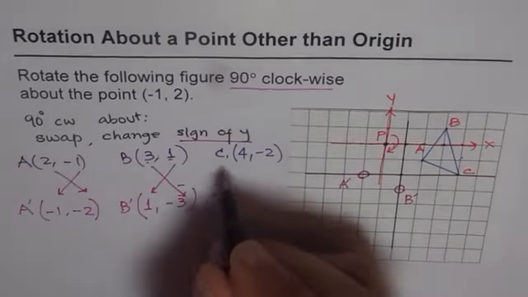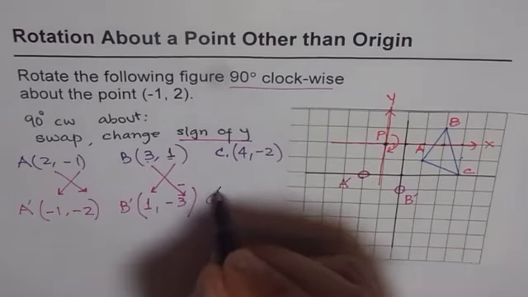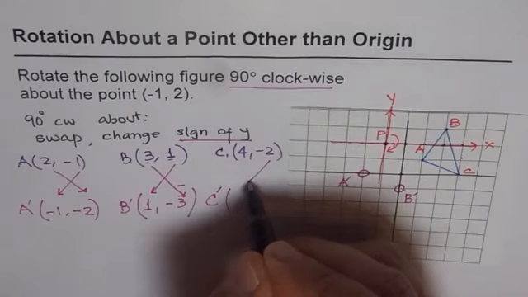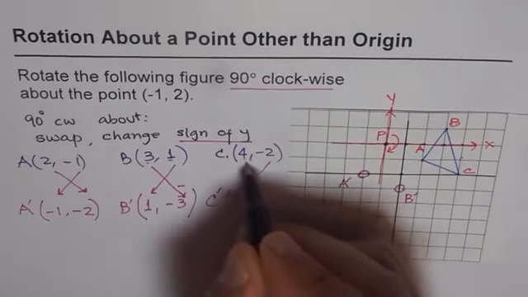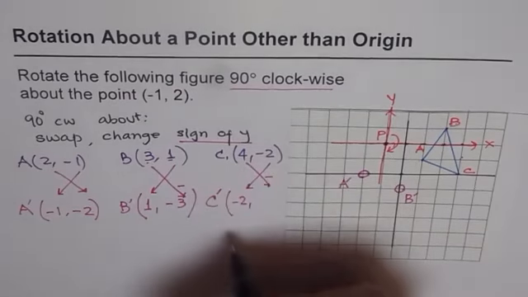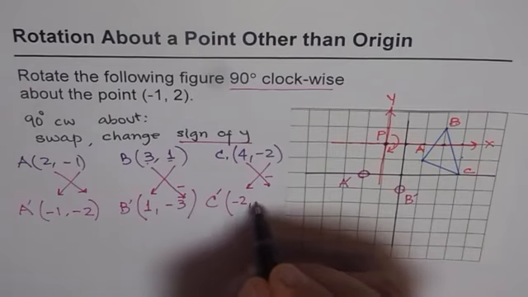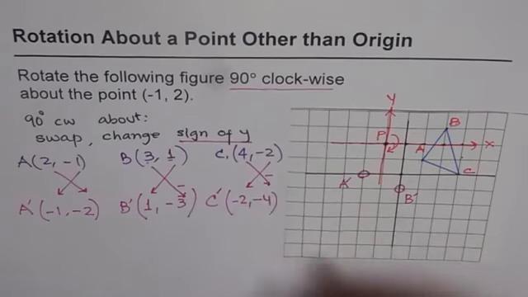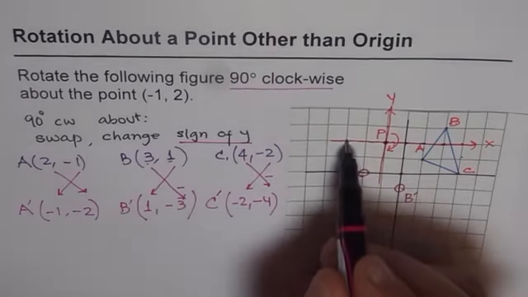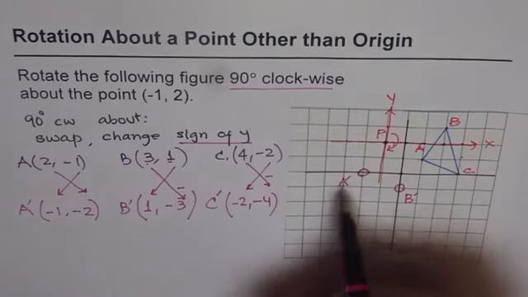How about the image of C? So image of C, let's write down as C dash. Let's interchange, so we get -2, and here we'll interchange and also change the sign. So we'll make negative of whatever it is. It is positive 4, it becomes negative 4. So C dash is (-2, -4). That means 1, 2, and 1, 2, 3, 4.